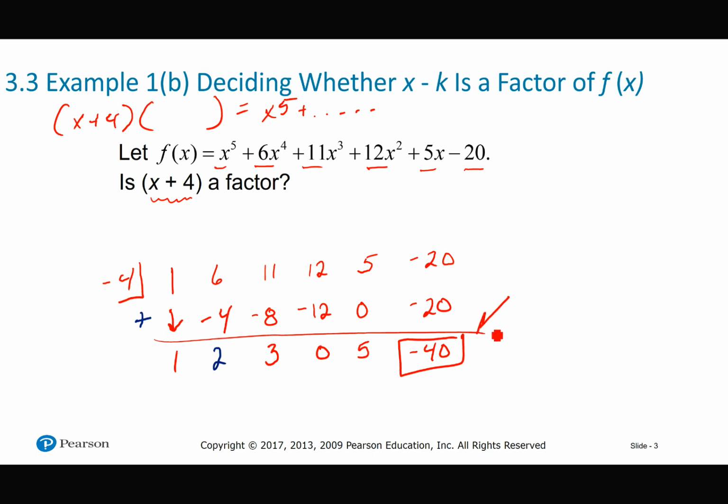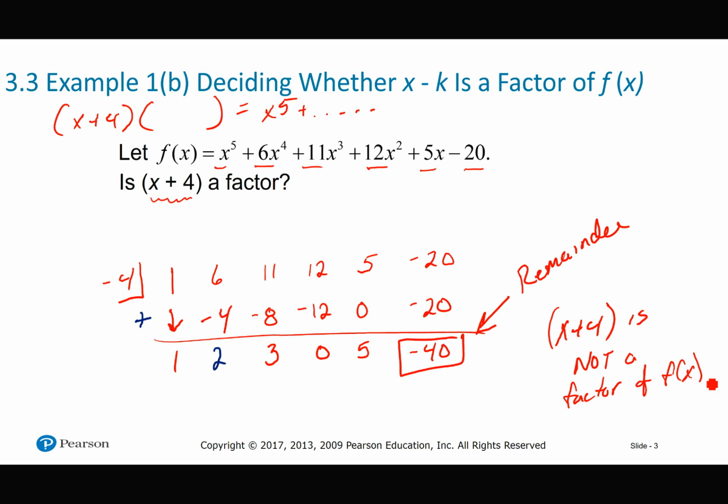Again, this is the remainder. Factors do not have remainders. Because this is not 0, I would say x plus 4 is not a factor of, I'm just going to write f of x. I'm not going to write that all out completely.